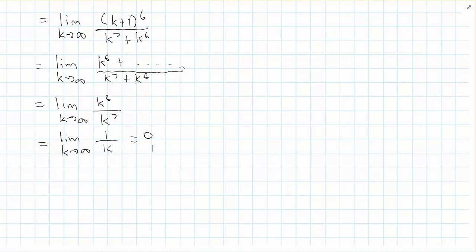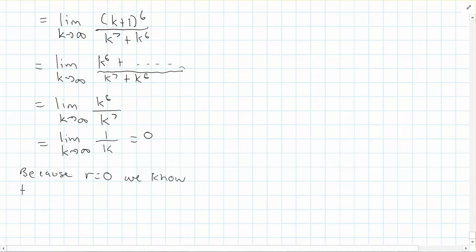Because r equals 0, we know the series converges. Because remember, if r is greater than or equal to 0 and less than 1, the series converges.